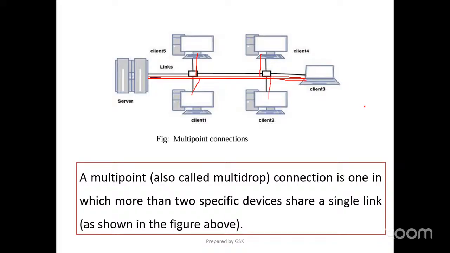This type of connection is called a multi-point connection. In simple words, we have one cable and multiple devices are connected in multiple places. This is what a multi-point connection is, and it is also called a multi-drop connection.